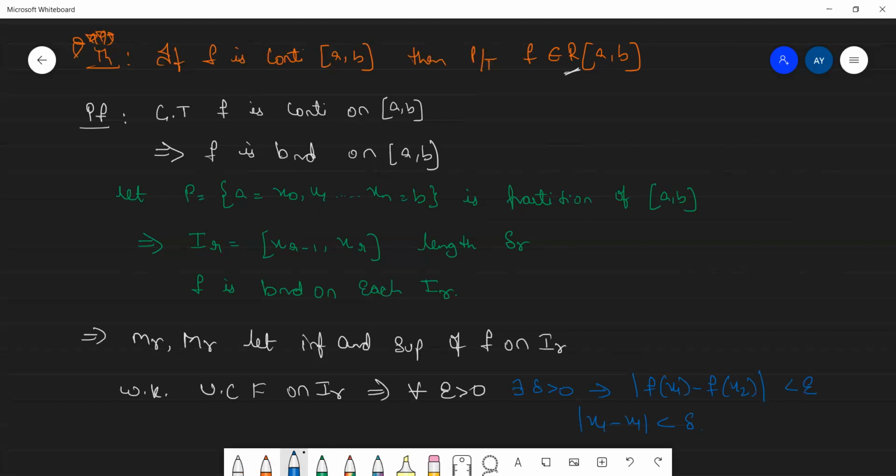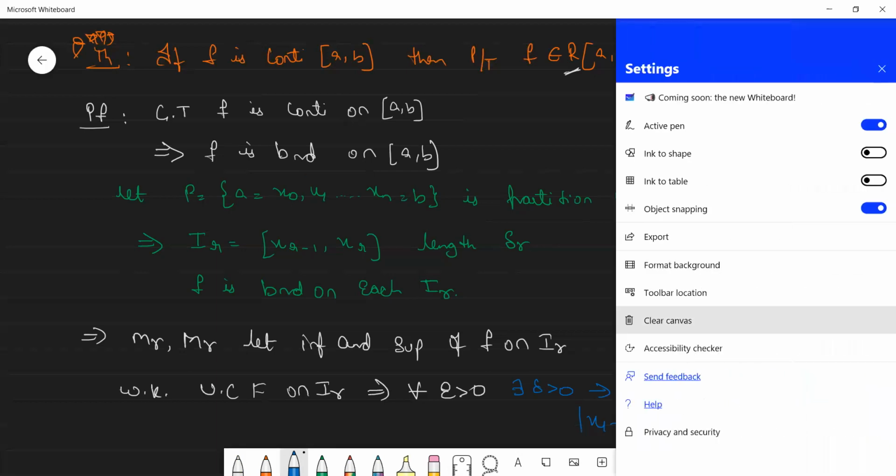Okay, so we have to consider this as epsilon by b minus a. The reason we will be considering b minus a, I'll be telling you at the end, is only because to get less than epsilon we have to divide it by b minus a. So this is mod x1 minus x2, which is strictly less than delta. Let this be relation 1.